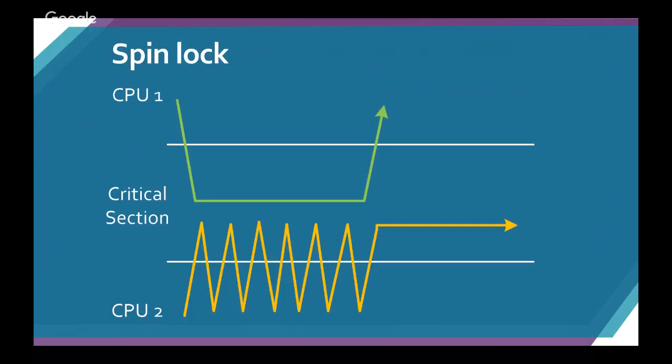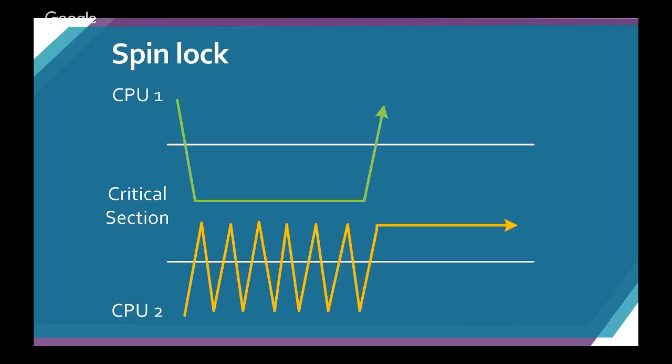Let's look at the spin lock. Let's say you have one processor that has entered a critical section. That means that it acquired a lock on some resource. And if another processor or another thread wants to access the same resource, it needs to enter the critical section, but it cannot until the first processor leaves the critical section.